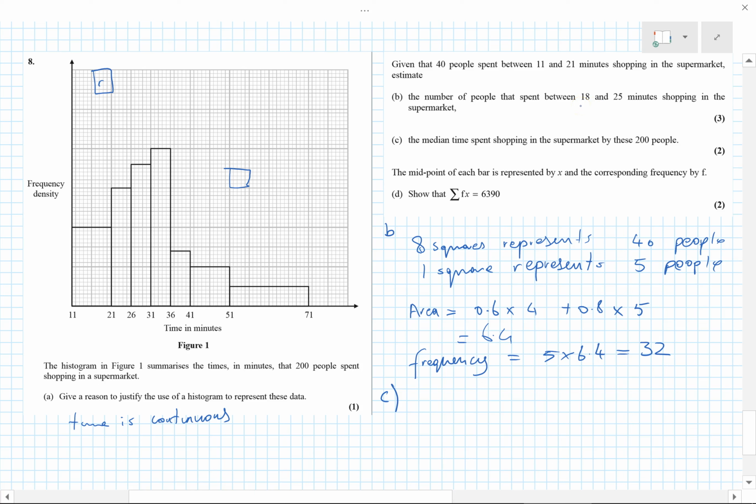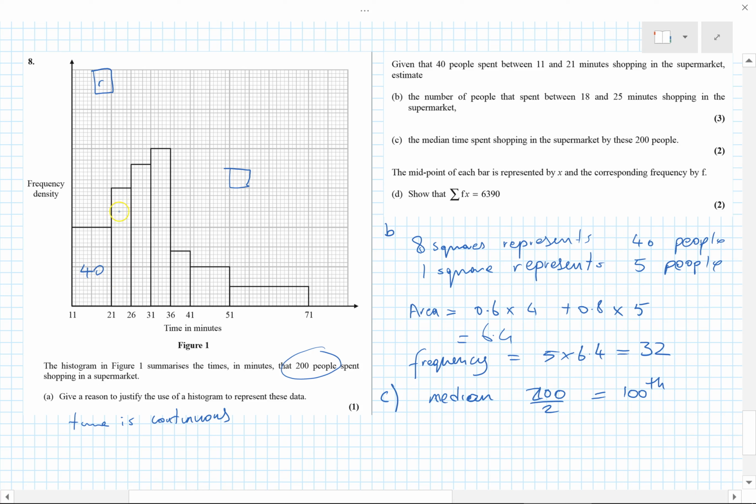We've got 200 people in total, so the median, if we halve that number, 200 over 2, is the 100th data value, which is what we're estimating. So we'll need to look at how many each of these groups represent. Here we've got 1, 2, 3, 4, 5, 6, 7, 8, so a total frequency of 40 here.